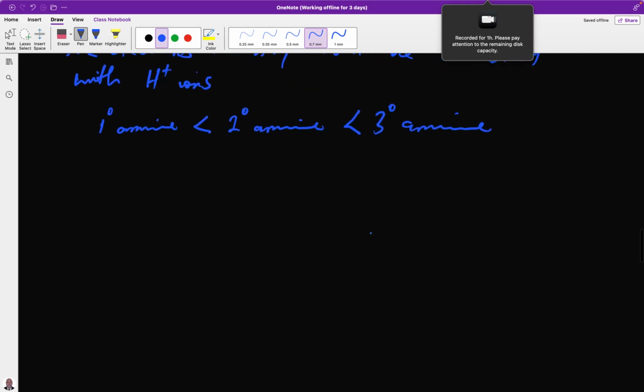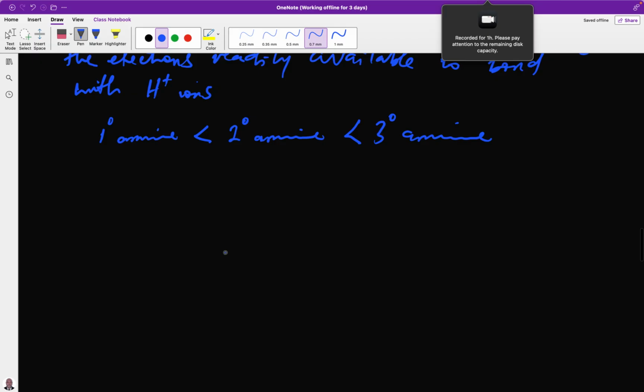For instance, this is an amine. Let's say this is a methyl group, this is a methyl group, and this is a methyl group. Remember that these are electron donating. I take another example, like this amine here.